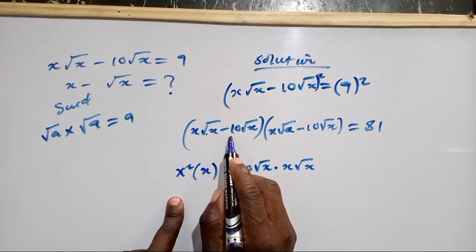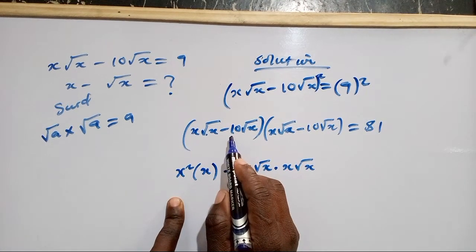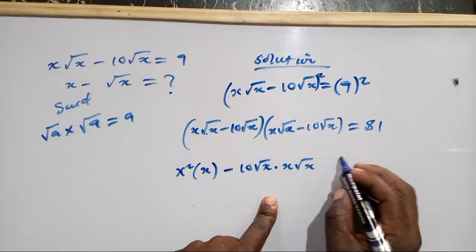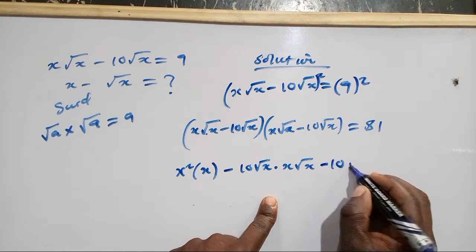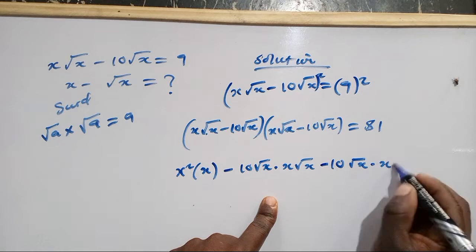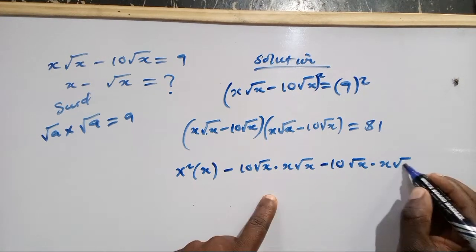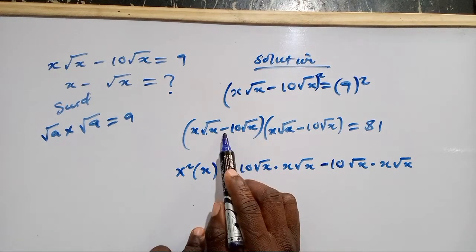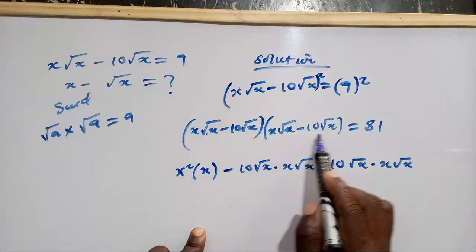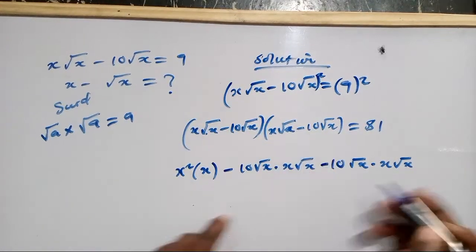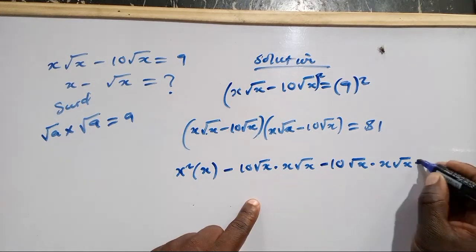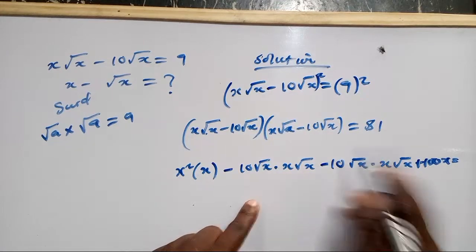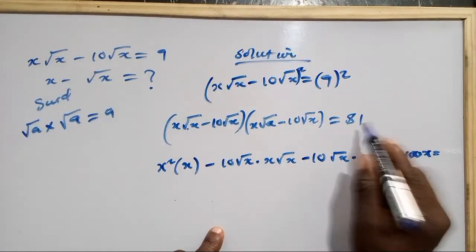Then minus 10 root x multiplied by x root x, you are going to have minus 10 root x multiplied by x root x. Then minus 10 root x multiplied by minus 10 root x, you are going to have plus 100x, which should be equal to 81, right?